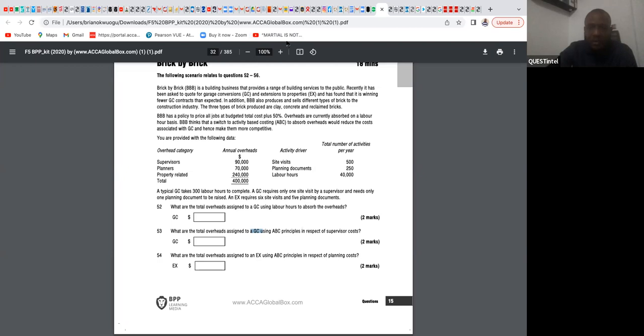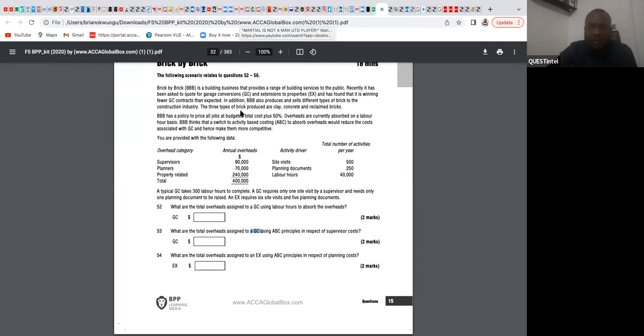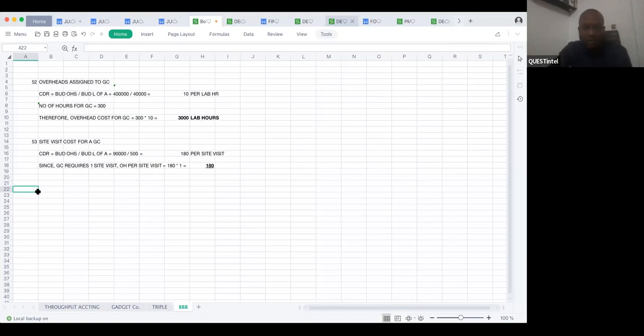So 70,000 divided by, so planning overheads to an EX. Essentially what we want to do.